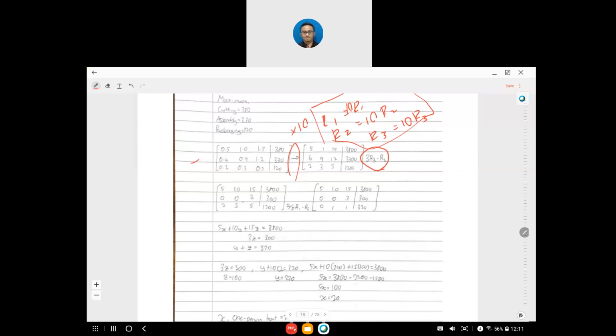Even though your answer is correct, tapi jalan kerja awak salah, tetap salah. Okay, sebab awak tak boleh tulis row 3 tolak row 2. Negatif row at row 3 tolak row 2. Sedangkan awak nak change row 2. Awak nak tukar row 2, sini mesti kena tambah. So sini kena tulis tolak.